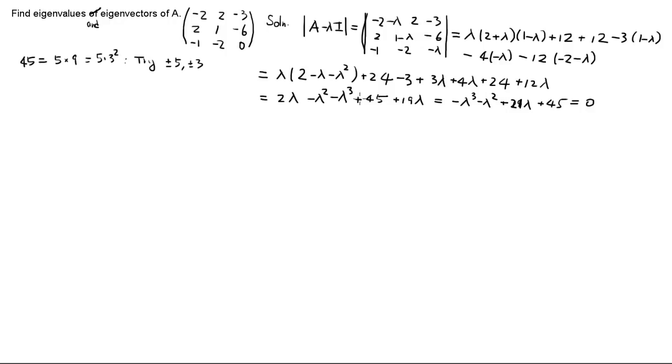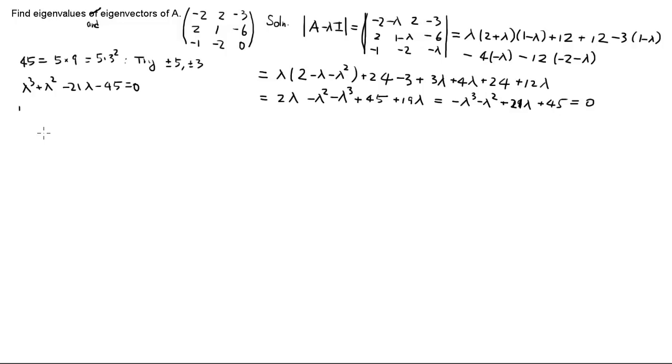We learned these things in middle or high school. So let's try 5. Now, we can divide negative 1 on both sides. So this is really the same thing as lambda cubed plus lambda squared minus 21 lambda minus 45 is equal to 0.